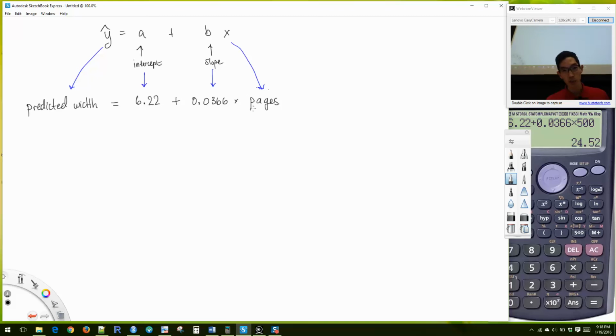The x is what we are plugging in. Our x variable is known as our independent variable. This is also known as our predictor variable. This is the variable we are using to make a prediction.